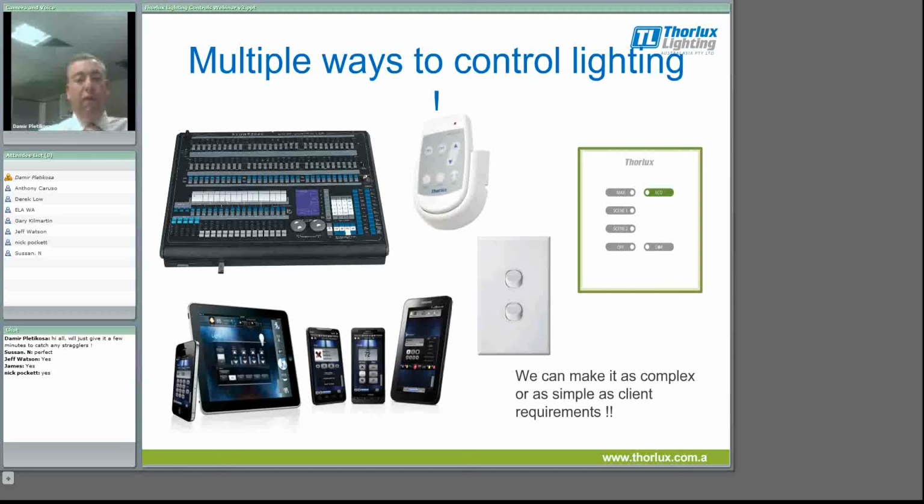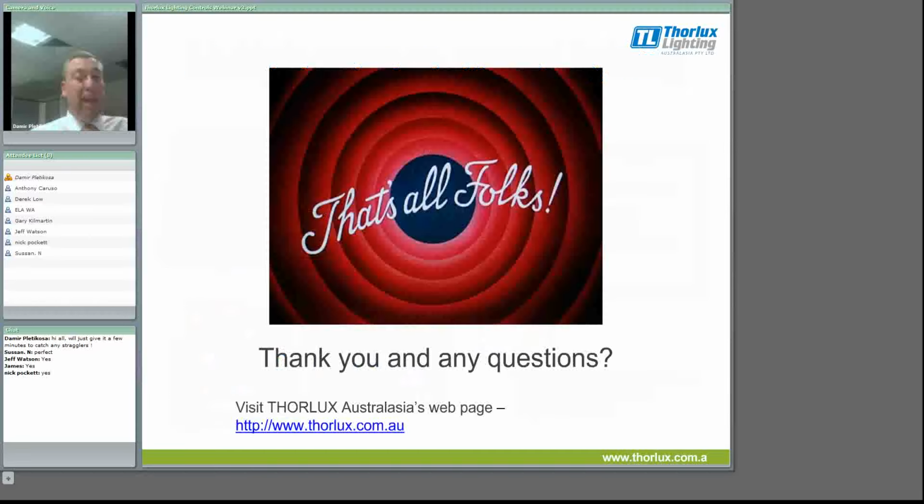So we can actually make it as simple or as complex as the client requires. I think we would just say, speak to the clients, see exactly what they want the system to do, and realistically work back from there, rather than trying to get in a system that possibly is not going to be what the client wants.